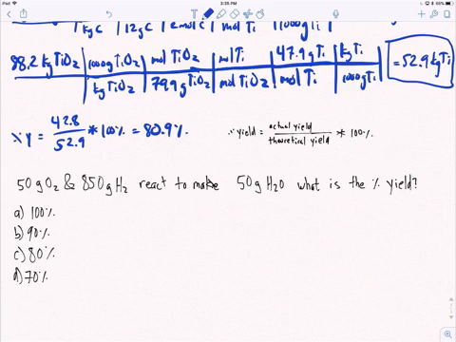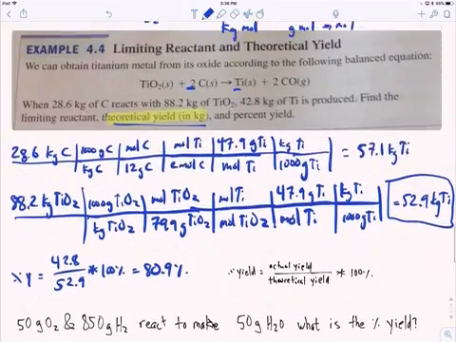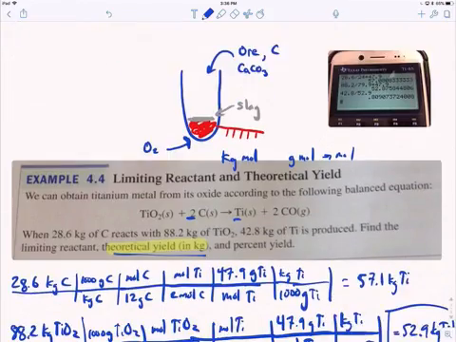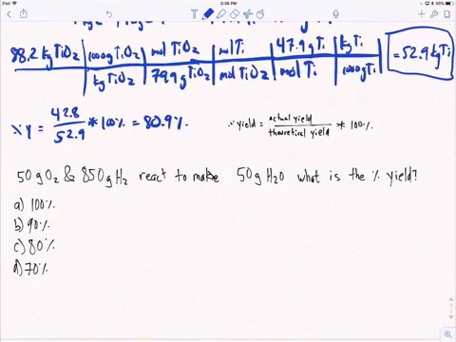And so first of all, which one is the limiting reagent? Do you remember from the last problem? We had 100 grams of both. And what was the limiting reagent? Oxygen. And 100 grams gave us 112.5 grams. So what is the theoretical yield?